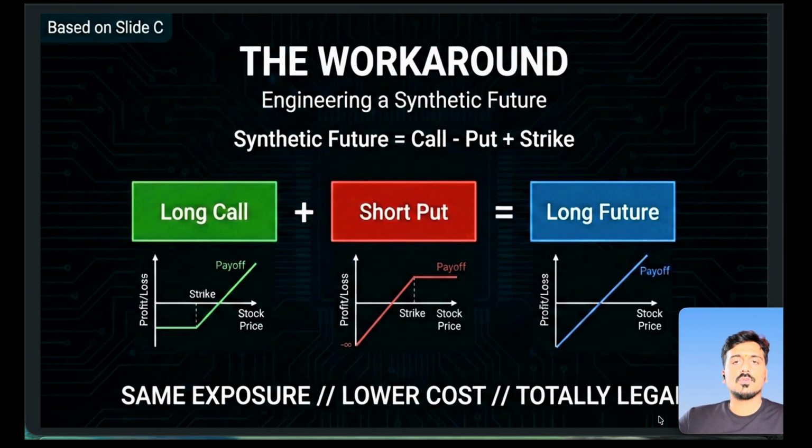If you combine these two, this will be the same as a future payoff. This is an example for a long future. Similarly, you can do it for a short future. The payoff is just the same. And if you ask me about delta, exposure, margin, effectively it is all around the same.